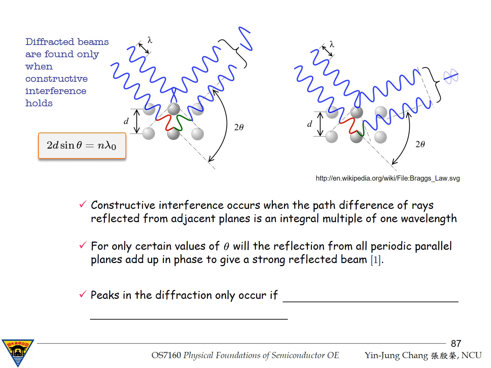Because the interplanar spacing d is fixed for a family of lattice planes, only certain values of theta can produce constructive interference from one family of lattice planes. So this condition, 2d sine theta equals n lambda naught, ensures that all scattered waves add together in phase. If this condition is not satisfied, the waves interfere destructively and the intensity becomes very small.